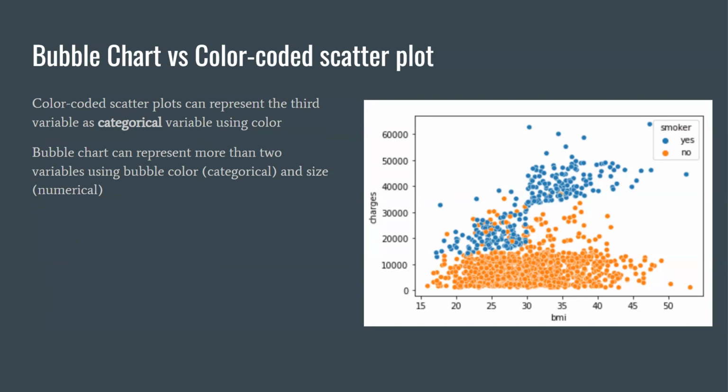So bubble chart versus color-coded scatter plot. Both bubble charts and color-coded scatter plots are powerful tools in data visualization. They both are used to represent multi-dimensional data sets. Although they share some similarity, they have distinct features that makes them suitable for different types of data and insights.